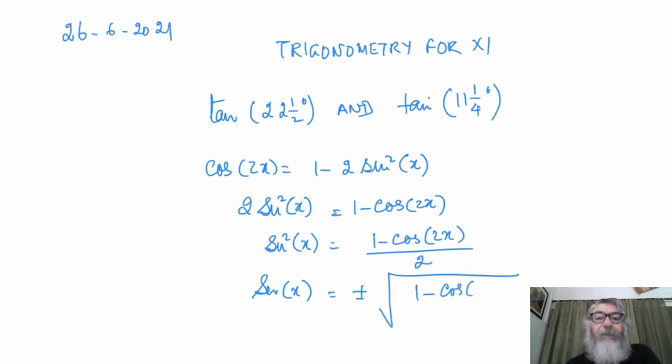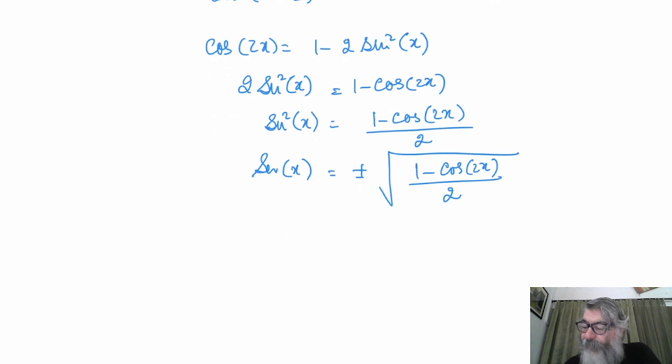Actually, we are calculating either 22 and a half or 11 and a quarter degrees. In both cases, these angles are in the first quadrant, so the answer will be positive and not negative. So we will avoid the negative sign.